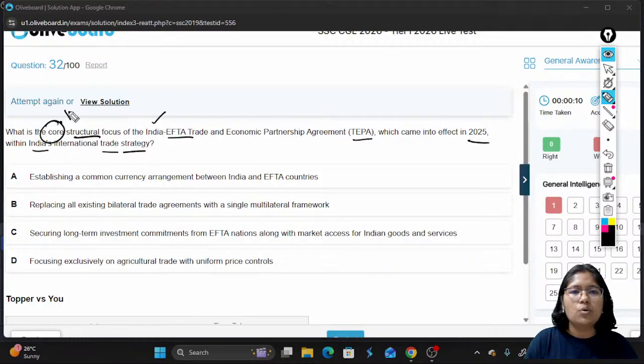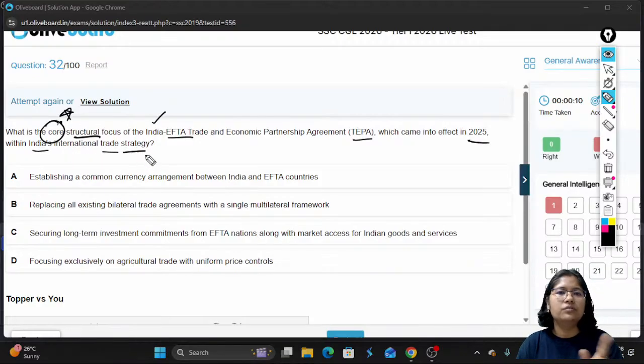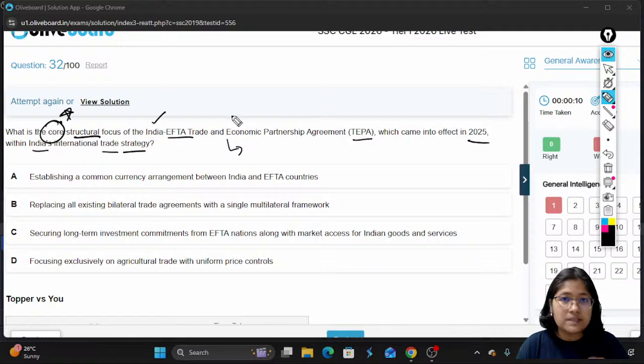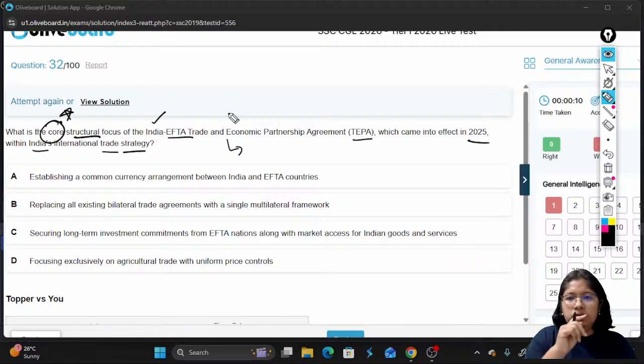The EFTA nations include Iceland, Norway, and Switzerland, so super developed nations. They give a kind of free trade agreement to the nations with whom they have this agreement. So they want to know about the core structural focus.